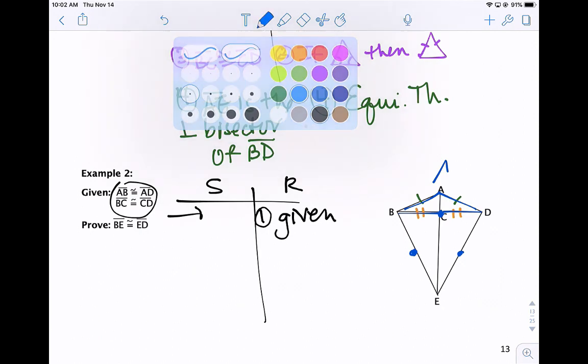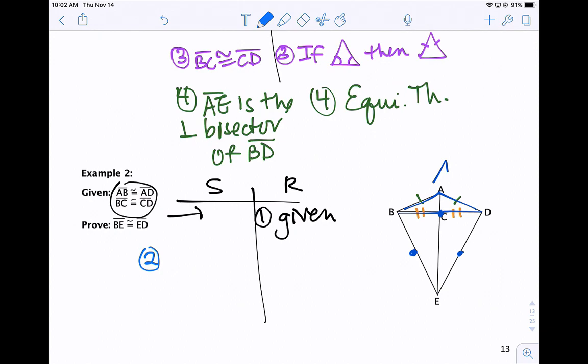Okay, step 2, we can already say that AE is the perpendicular bisector of BD, and that was the equidistant theorem.